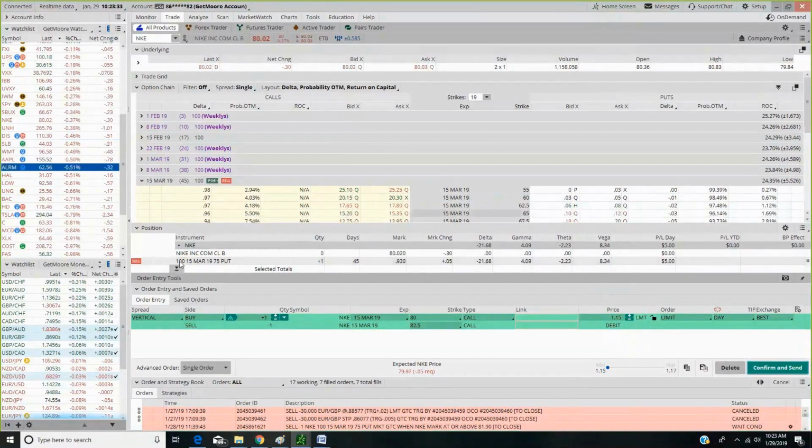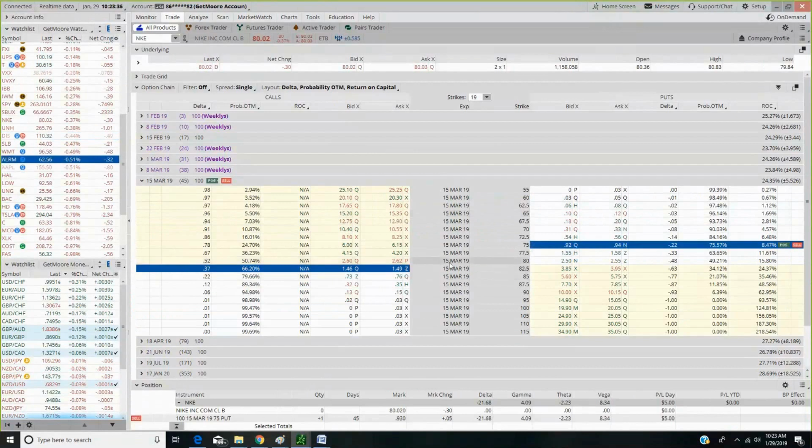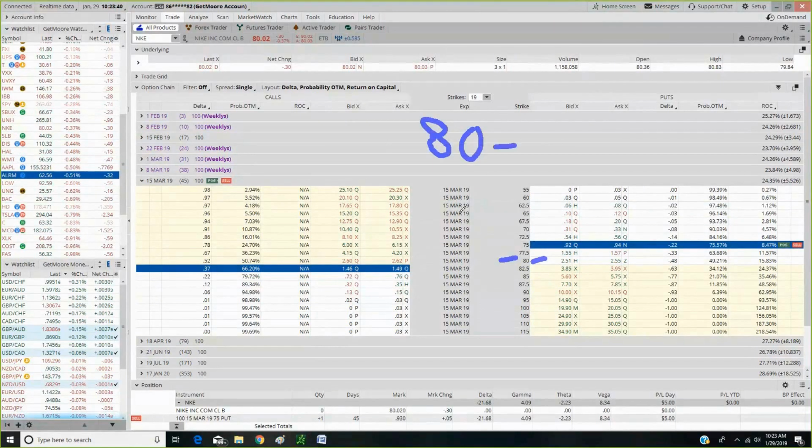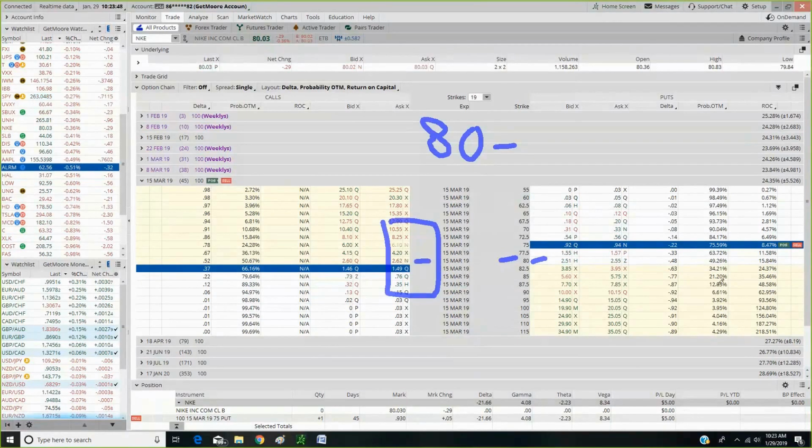But here's the deal. If I buy the 80 call, somebody tell me right now, how much is it going to cost me? Look right here. No, that's the 82. The 80 call. Right here. $262.